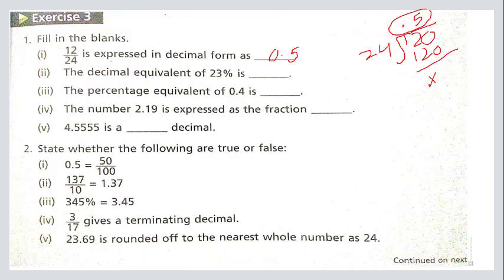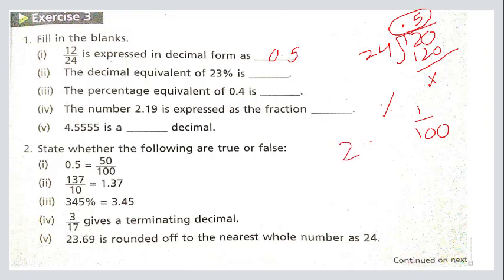Now the second one, the decimal equivalent of 23% is. Now this is 23%. You have studied earlier that percent means 1 by 100. So now we have been given this 23%.